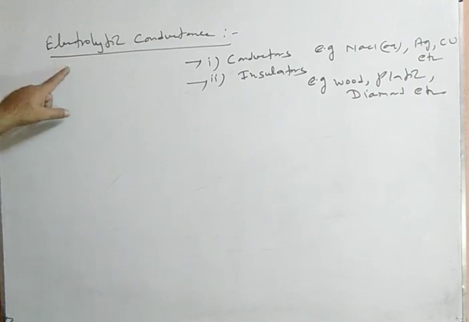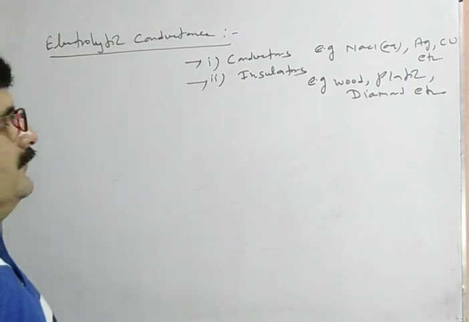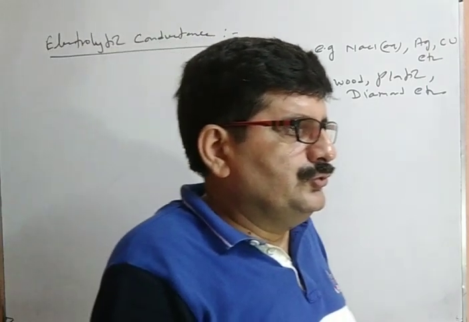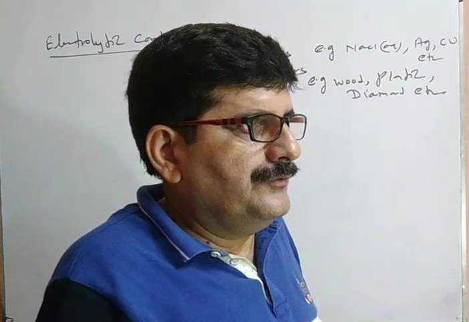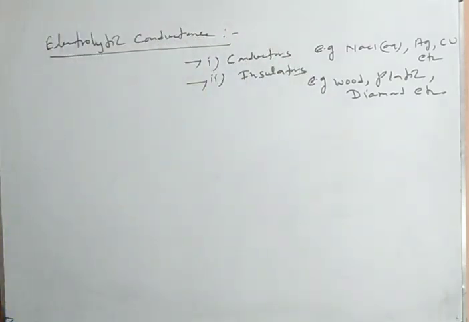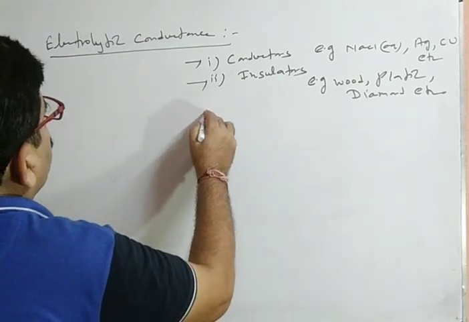In electrolytic conductors, the conducting power is due to movement of ions. Conductors are two types.